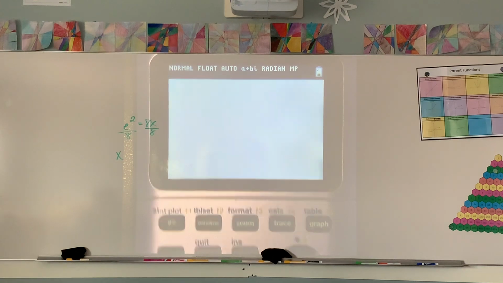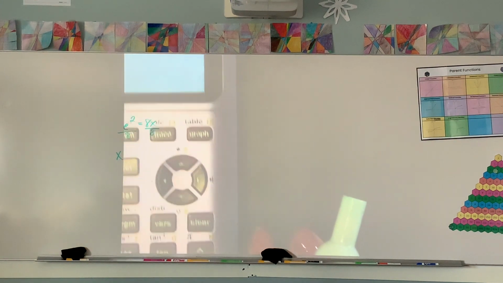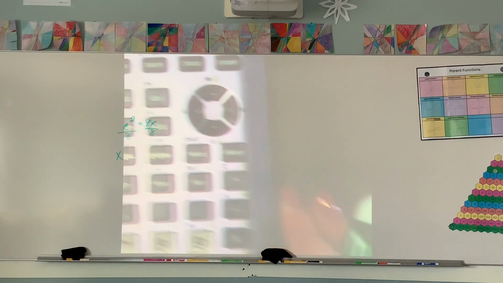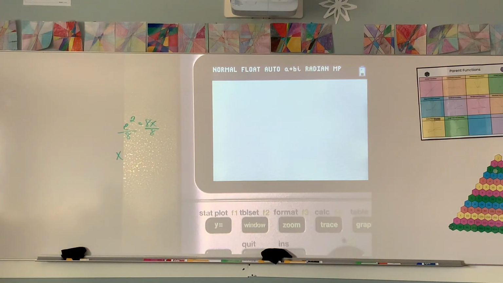The other option is we actually have the letter e by itself over here above the divided sign. So you can type that and then use the caret key. I wouldn't use that myself. I would just use the e to the power of x button. So the big EE is for scientific notation. So instead of typing times 10 to the power of, you would just do EE, and then you'd put the power.